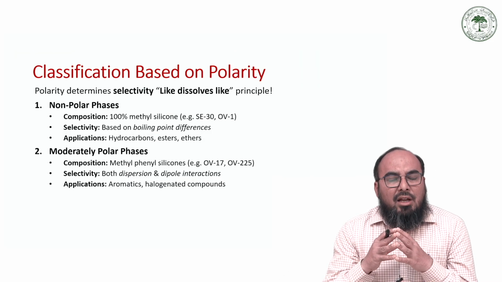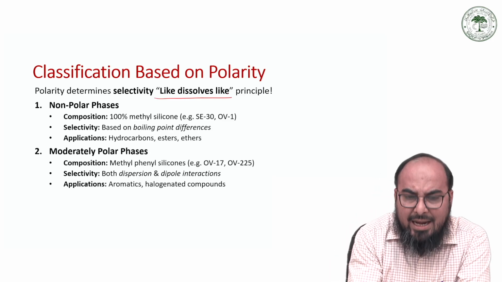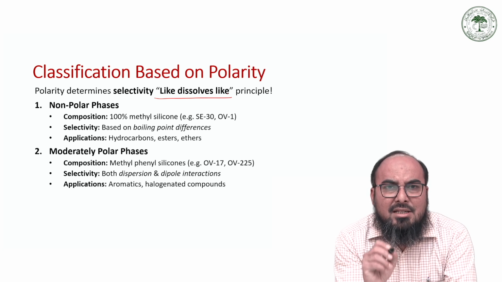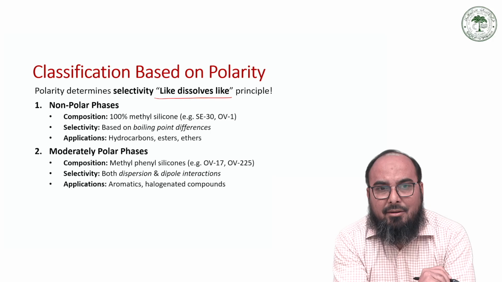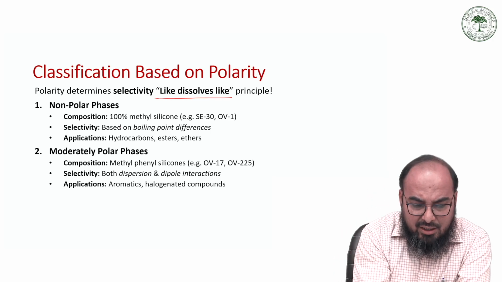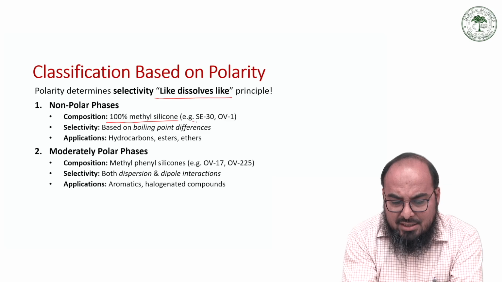Now let us go into the detail with regard to polarity. The underlying concept is like dissolves like. This is the main principle which we have to account for every time. Now for example, if you have a 100% methyl silicone, then the trade name is SE30 or OV1.